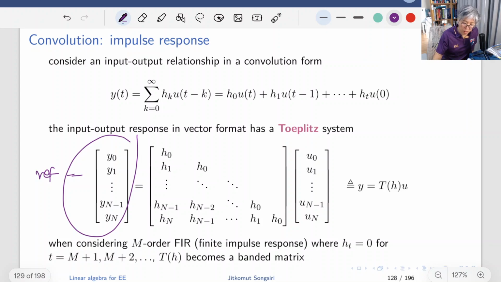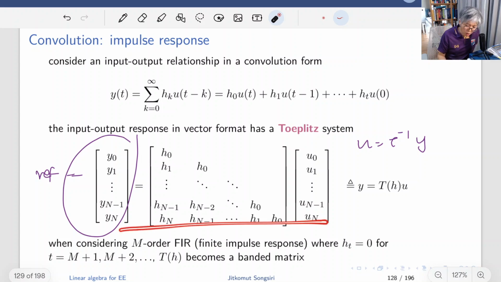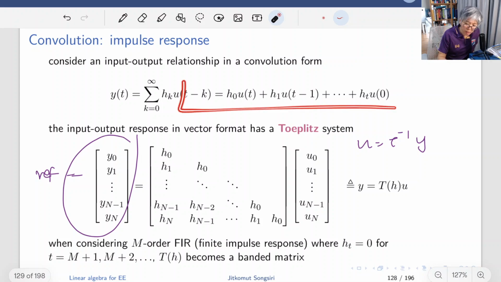Then it is a linear system you would like to solve where your coefficient matrix is Toeplitz, and that can be solved efficiently when you exploit the Toeplitz structure. This is also called the finite impulse response, because you truncate this into a certain number of terms.